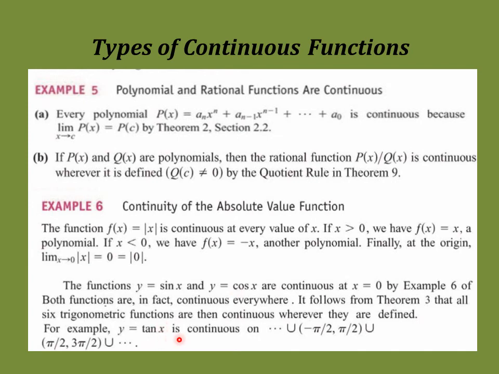That's why this function tan x is continuous on the union of open intervals from negative pi over 2 to positive pi over 2, then pi over 2 to 3 pi over 2, but the union without the specific values at the ends of the intervals, because they will give undefined values as we explained here.